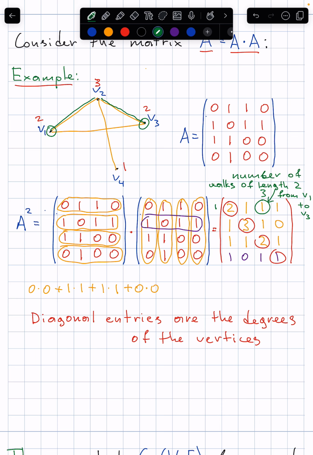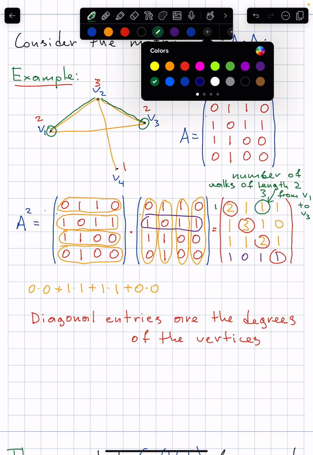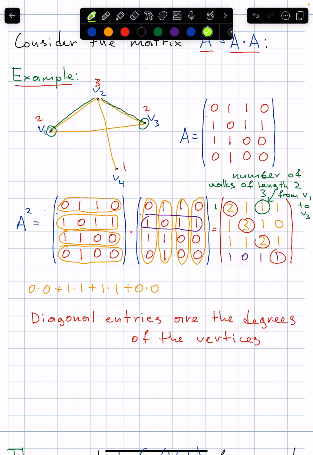Let's try one more time. Say this 0, in the fourth column and second row.